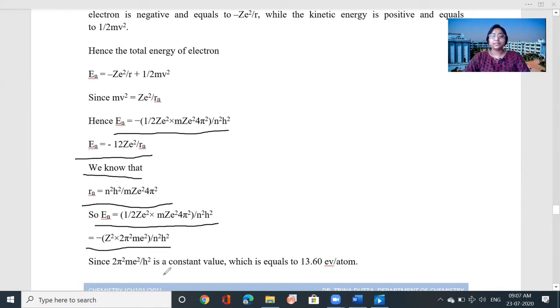Now, since you know the value of 2 pi square m e to the fourth by h square is constant, if we put all the values given above, we get 13.6 eV per atom.